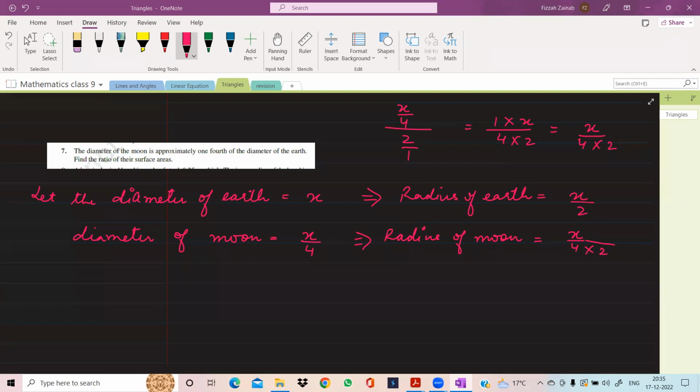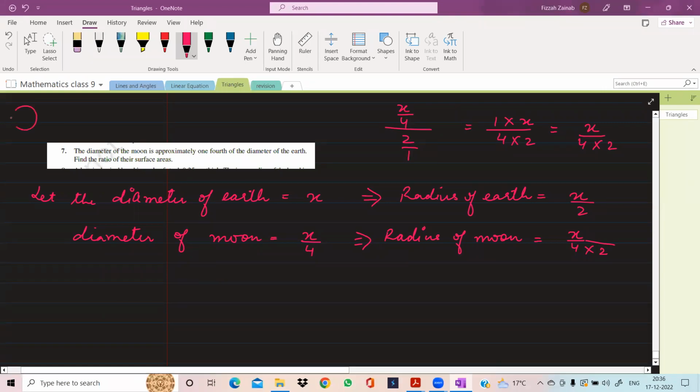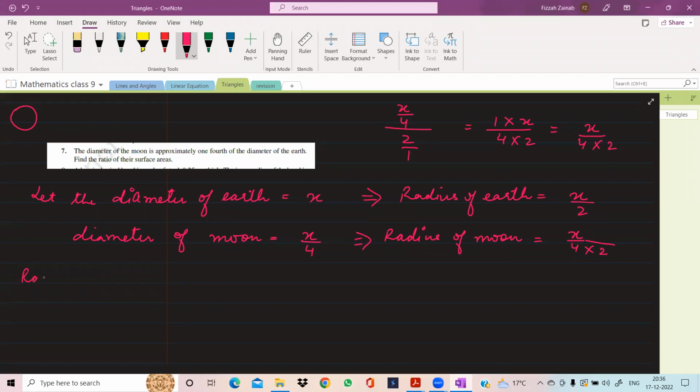Okay. So you have to find the ratio of their surface area. So it's a sphere, right? Surface area means total surface area or the curved surface area, it is the same thing. Okay. So the ratio of surface area. So surface area of moon upon surface area of earth.